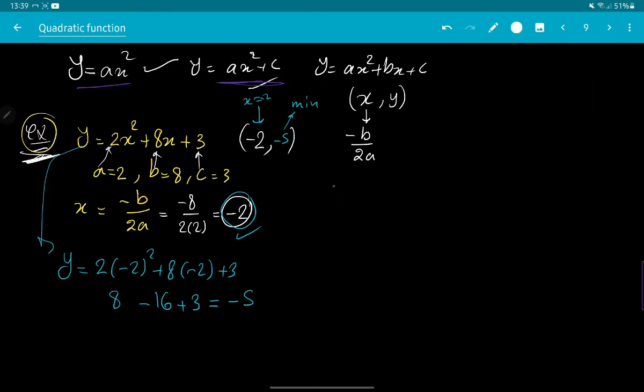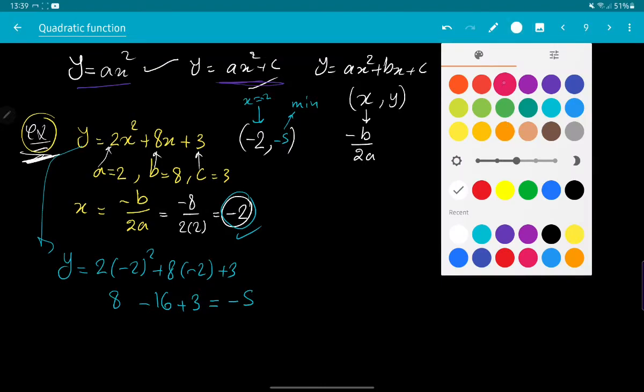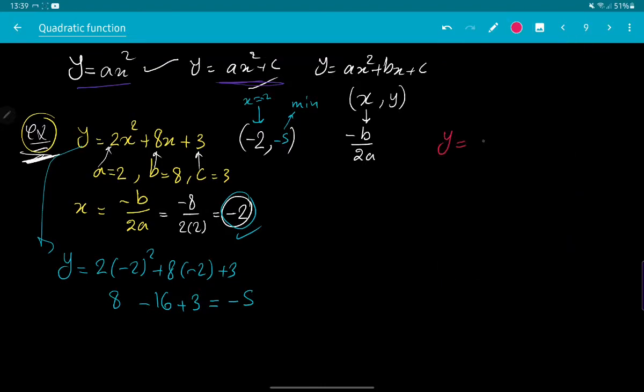Another one, if y equals 3x squared minus 18x plus 5. How to get the vertex, which is x and y? You should first determine what a, b, and c are. a equals 3, b equals negative 18, c equals 5.